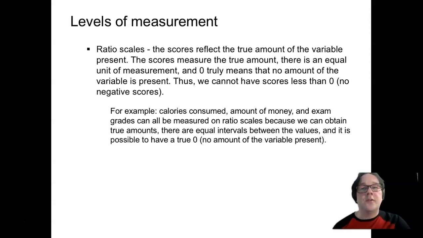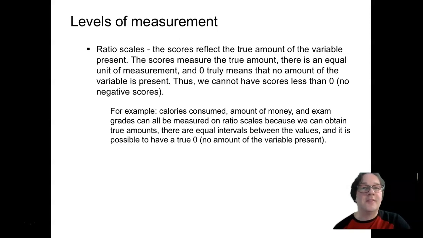But if I were to give you a depression scale or a happiness scale on a scale of 1 to 10, and somebody chose 8 and someone else chose a 4, I can't in good conscience say that you're twice as happy as that person, right? Because I don't know.